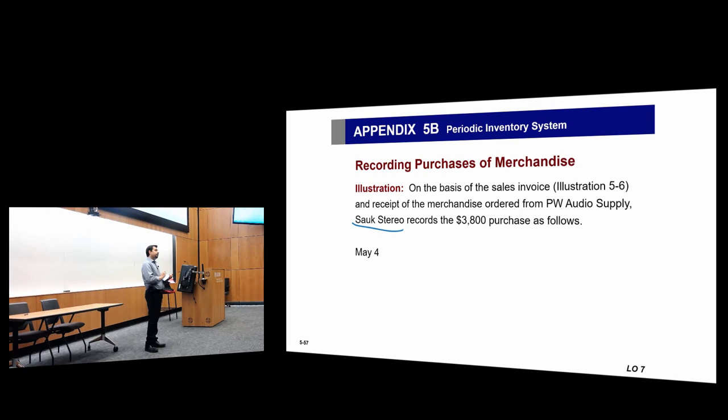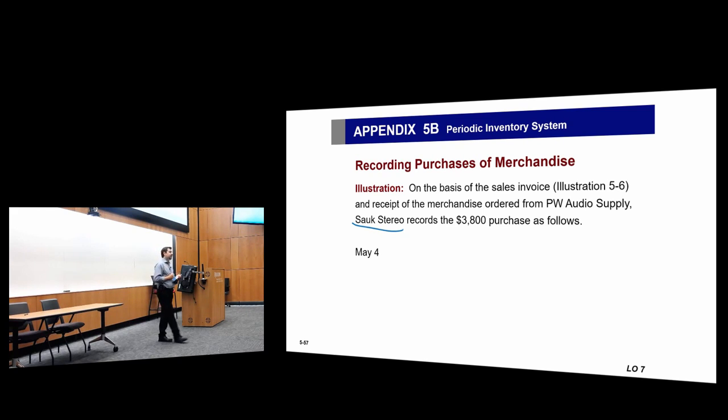By the way, just to let you know, and we'll talk about that later on, usually, when does a company record the sale? It's when the ownership of that inventory is transferred from the seller to the buyer. This is when the revenue is recognized, and this is when the company will actually record the purchase.